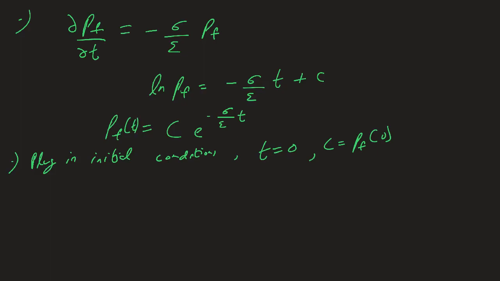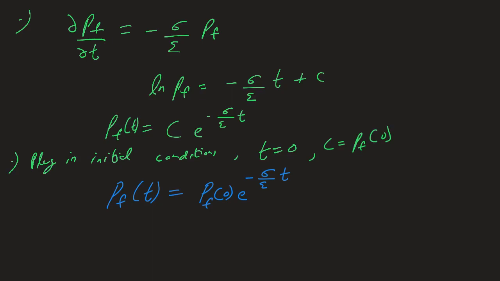So the free charge density as a function of time, just following from the continuity equation, is equal to the free charge density at time t is equal to 0 times e to the minus sigma over epsilon times the time.